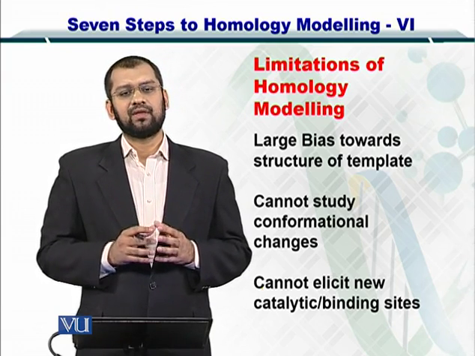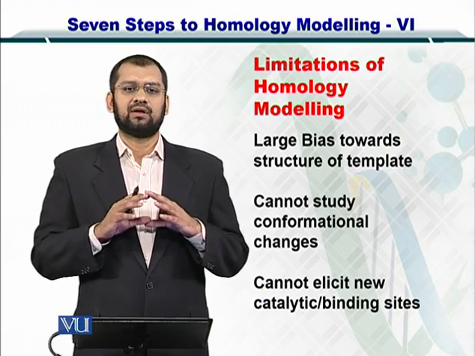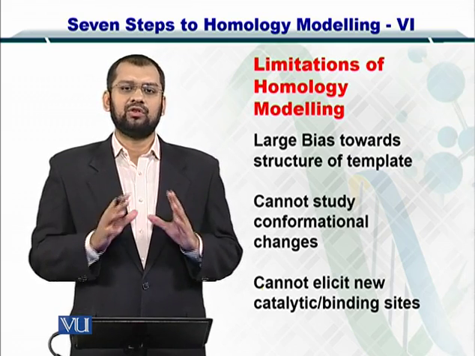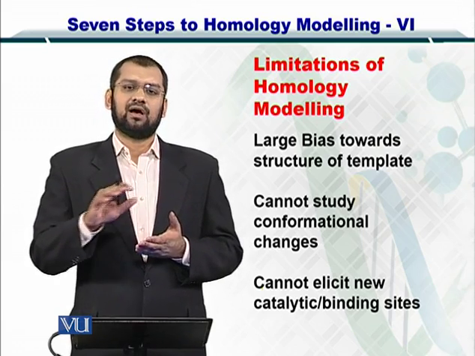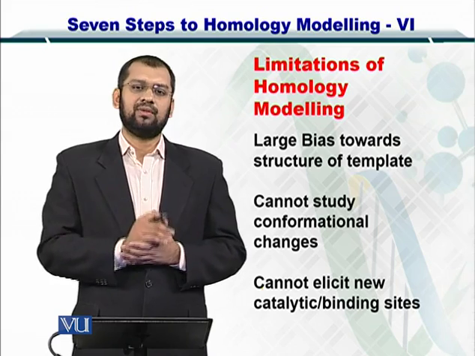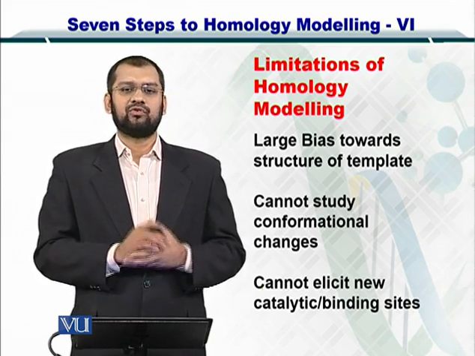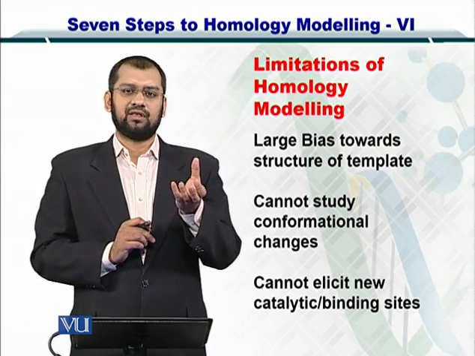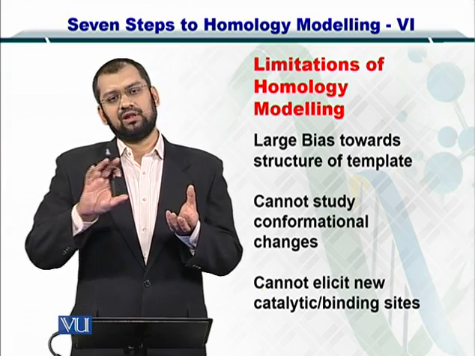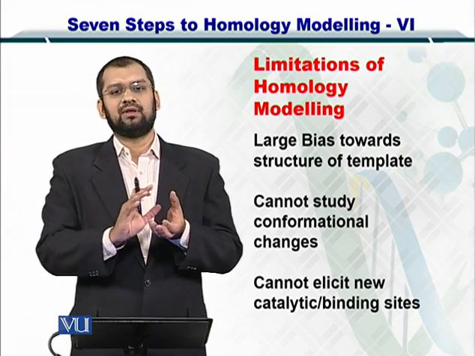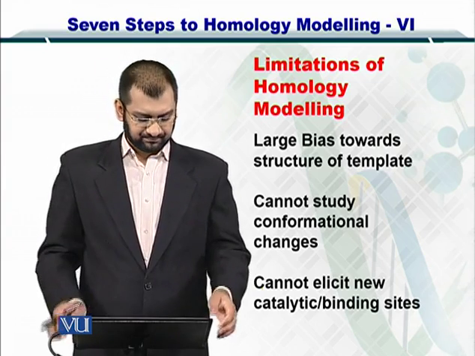And lastly, the homology modeling pipeline cannot help you to discover newer sites for binding of drugs and other such novel behavior. The fundamental reason for that is because you are using the knowledge that you have from the structure of the known protein, and therefore you're limiting yourself to the structural prediction for such a protein only.